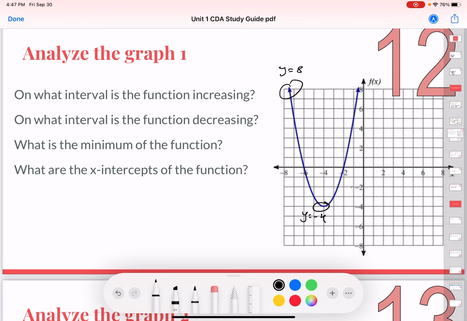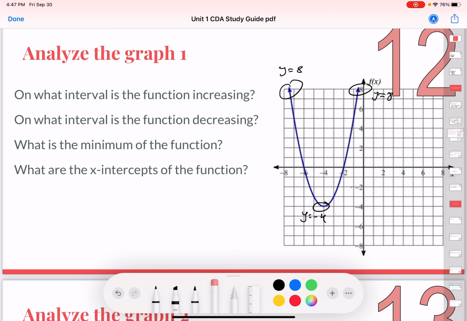So from 8 to -4, that's going down. And then I see after that, from y equals -4, it goes back up to y equals 8. So then that's going up. So I know that it's decreasing in that first half of the graph, and then it's increasing in that second half of the graph.